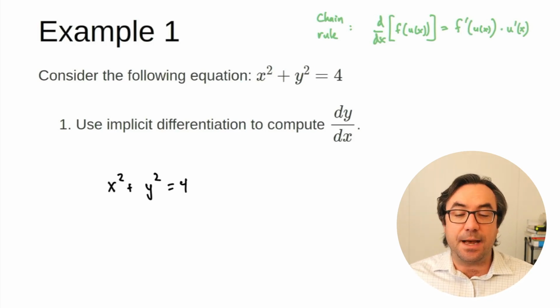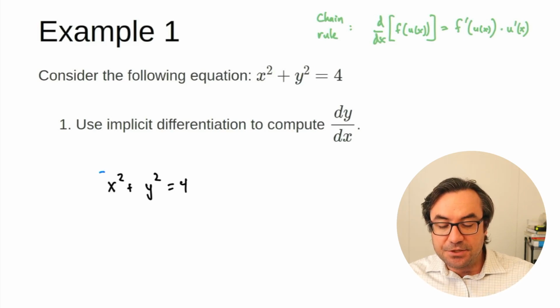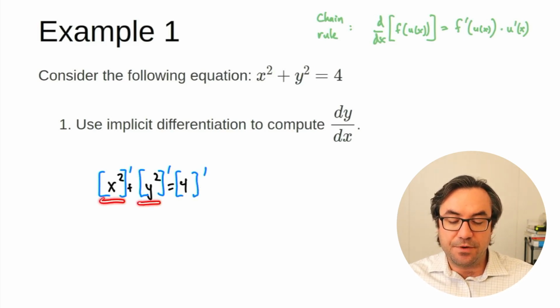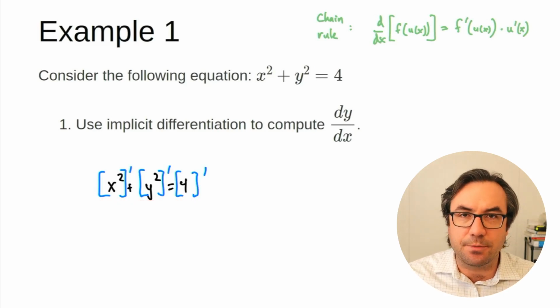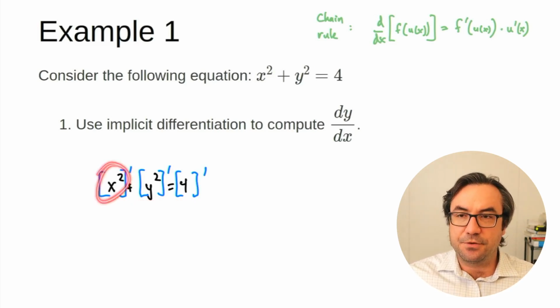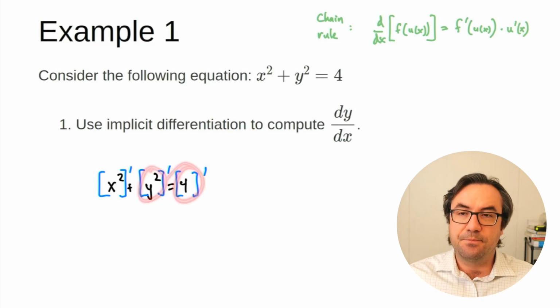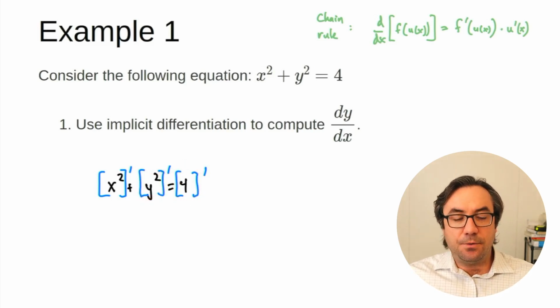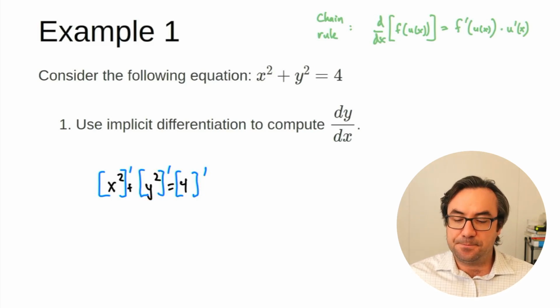And the first step for implicit differentiation is to apply the derivative to both sides of our equation. So step 1, we apply the derivative, going term by term here. We apply the derivative to the first term, the second term, and then the other side. All right, so now we differentiate.